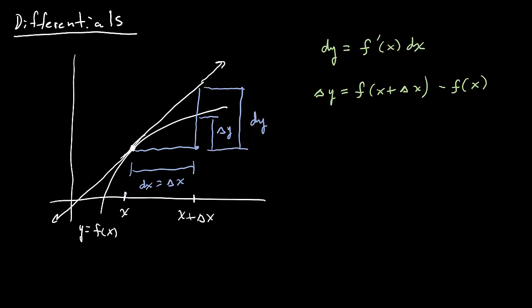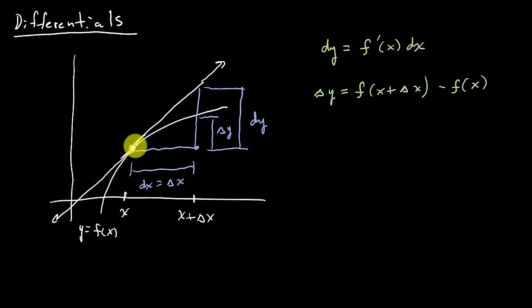All right, so in this video, let's take a look at differentials. Here we've got a graphical representation. I have a curve, y equals f of x, and here's the tangent line to that curve at this particular point.